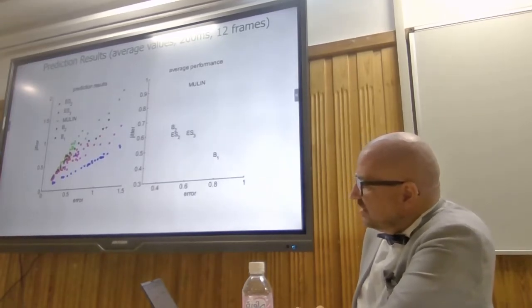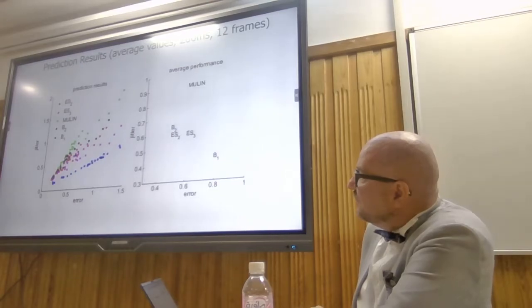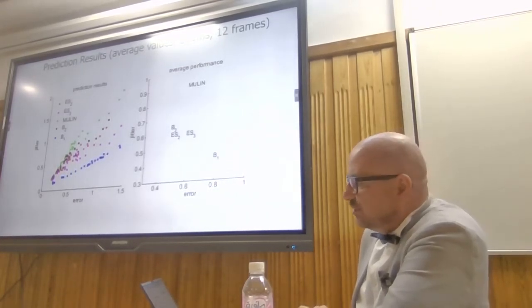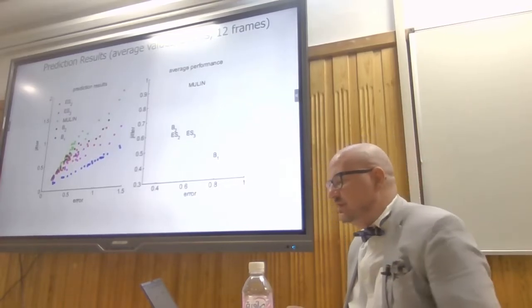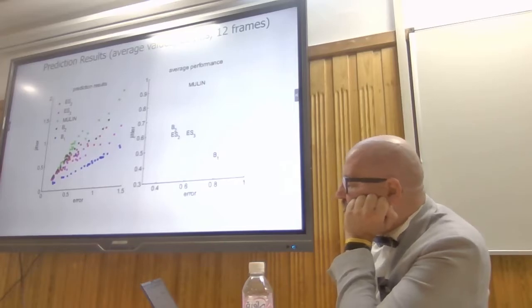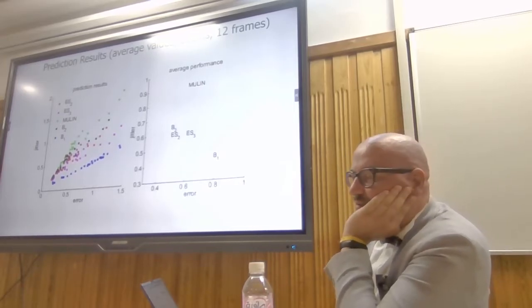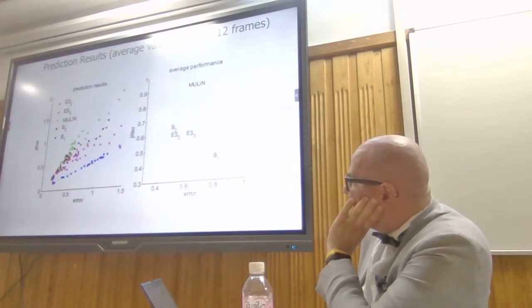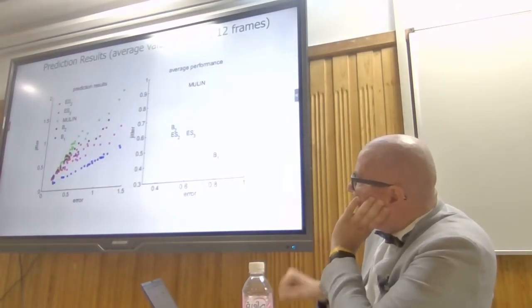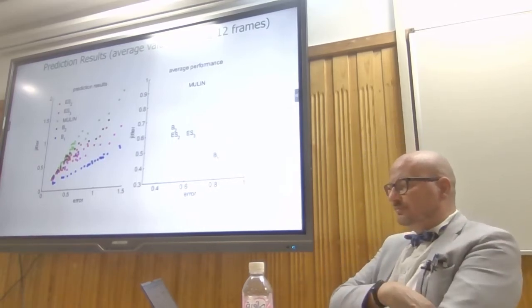So you can get very high jitter in some models, and in some models you get low jitter but big error, etc. And if you look at average performance, for example, in Holt-Winters, you get low error compared to baseline and comparable to others, but you get a lot of jitter.